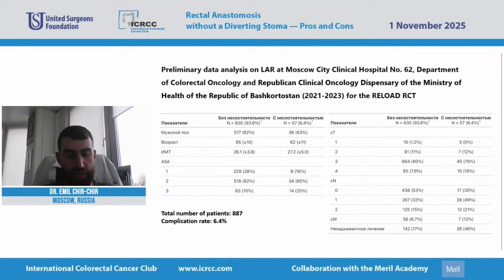Or perhaps the skilled hands of specialists from these centers very effectively neutralize them, but we needed this analysis for ourselves and to study our cohort.